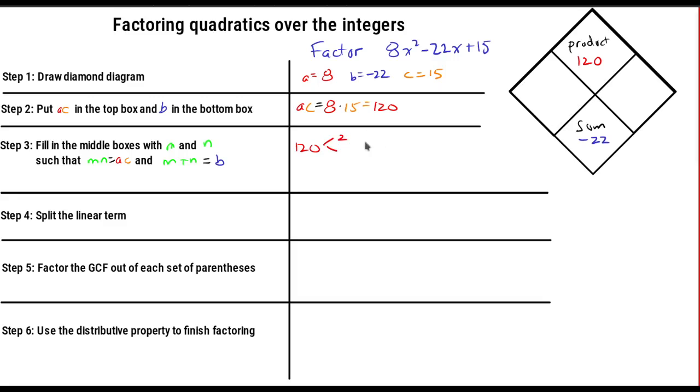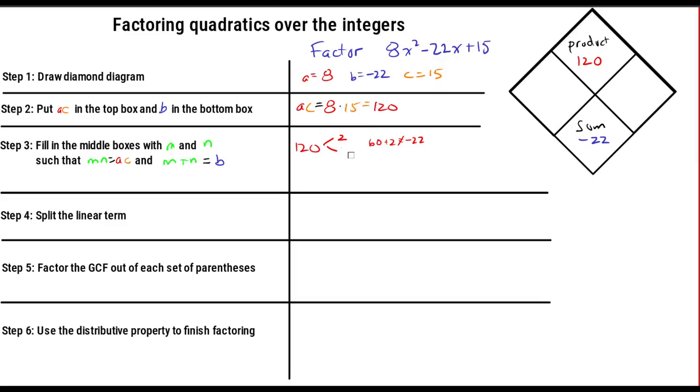We could try 2 times 60, but 60 plus 2 is definitely not negative 22. So how could we handle this minus sign? Well, if we make both of these factors negative, then the negatives will cancel when we multiply and give us a positive 120. In this example, negative 60 plus negative 2 still wouldn't be negative 22.